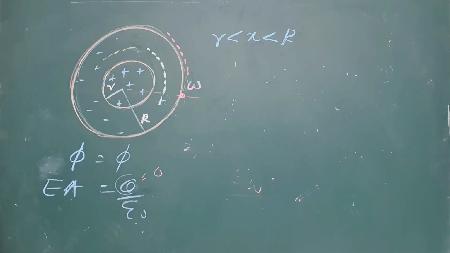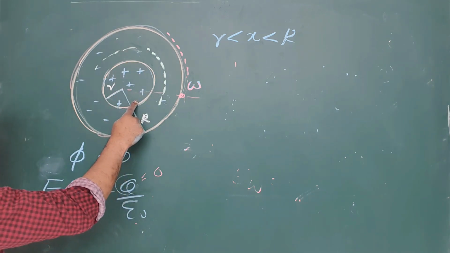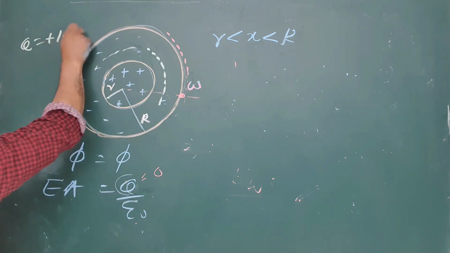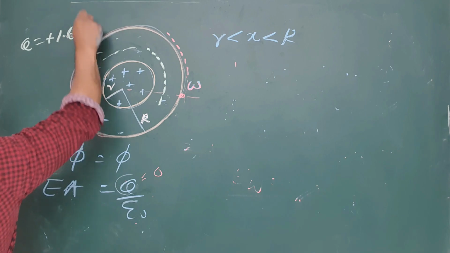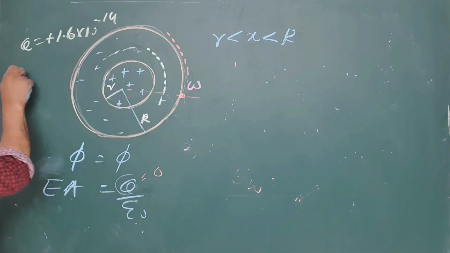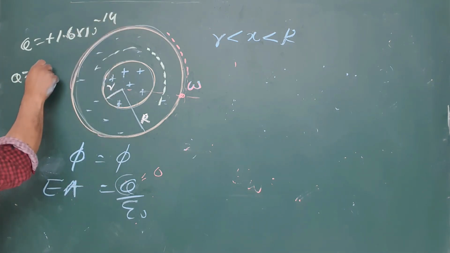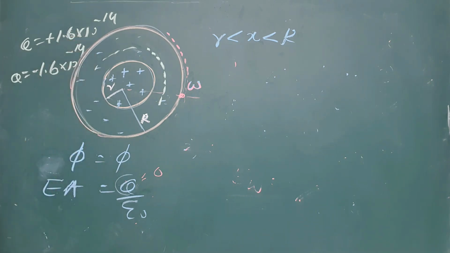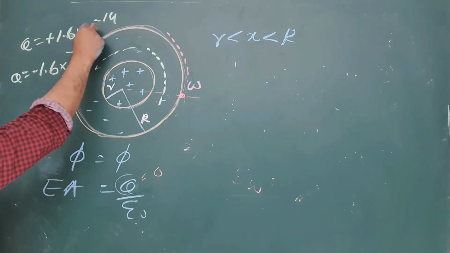You assume the positive charge is Q equals plus 1.6 times 10 to the power minus 19. The negative charge equals minus 1.6 times 10 to the power minus 19. Now this is the negative charge and this is the positive charge.